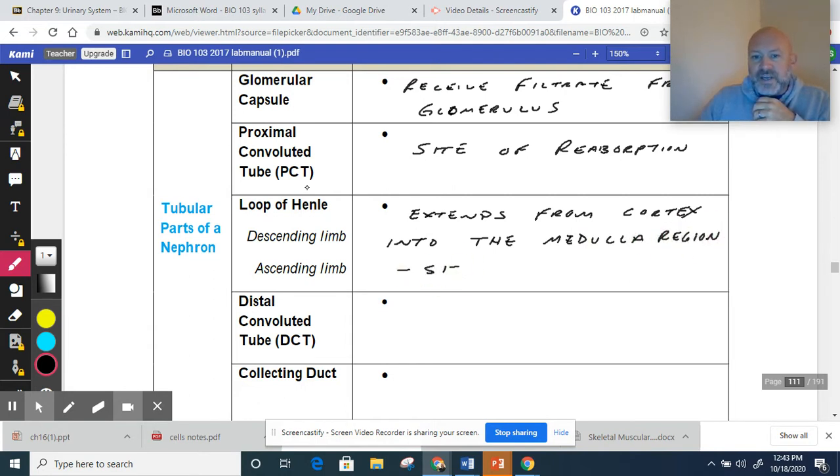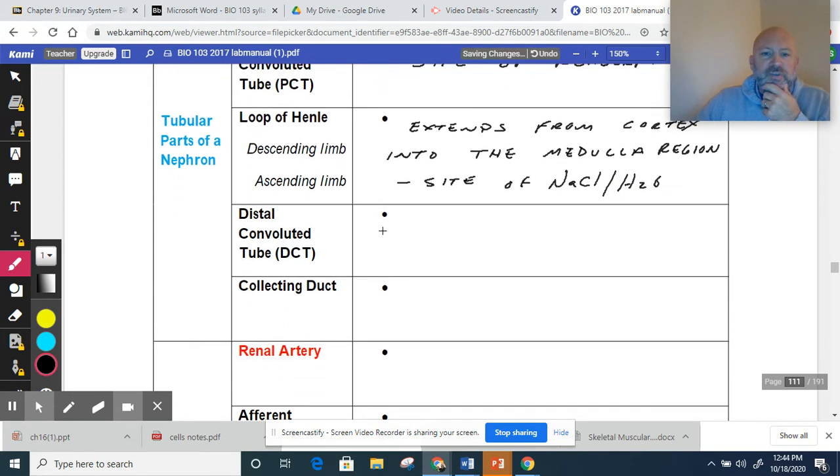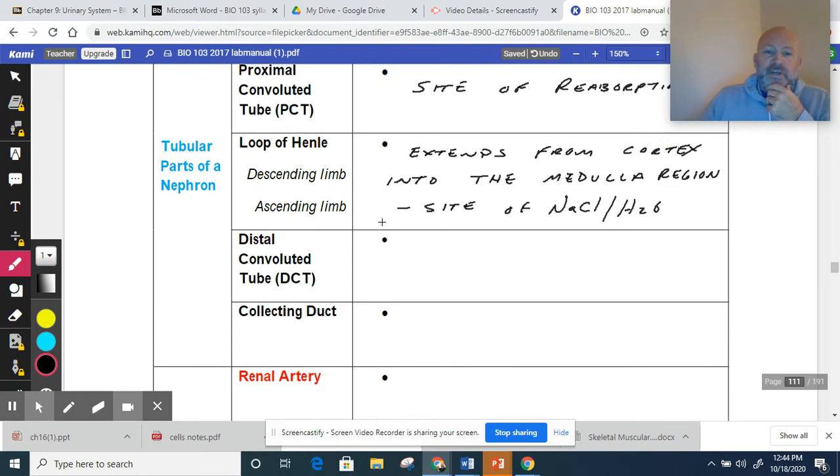And this is a site of salt and water balance. Salts and waters could be exchanged between the blood and the urine here. And it's all the way at the very end of the nephron, the most distal portion of the nephron, that we see the blood dropping off larger items as a result of active transport. And of course, this is called secretion.